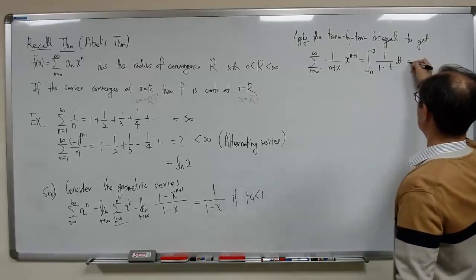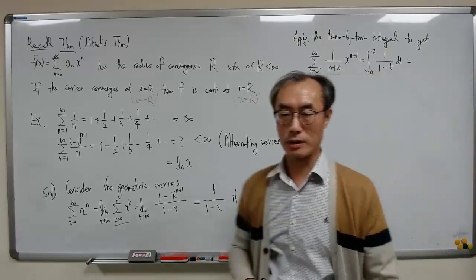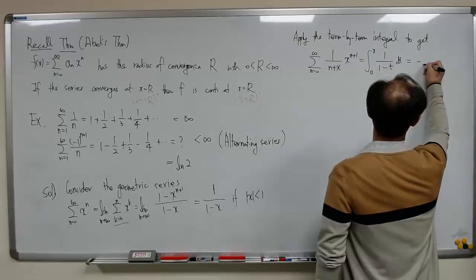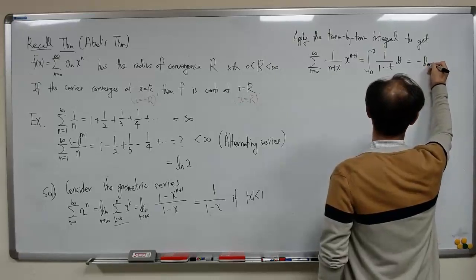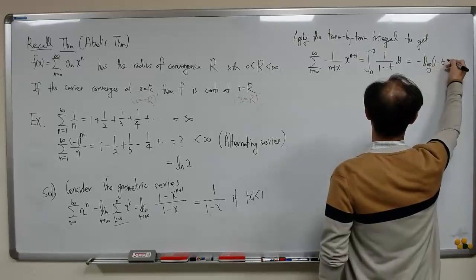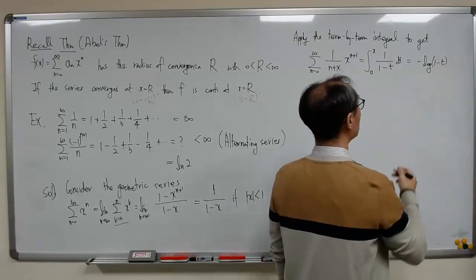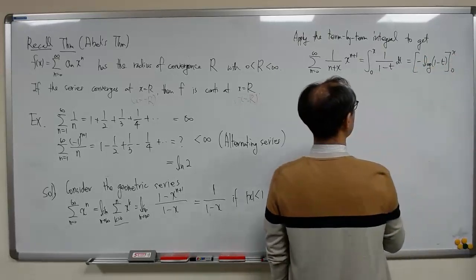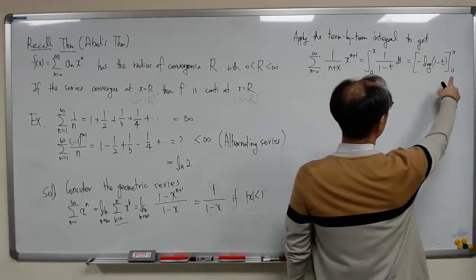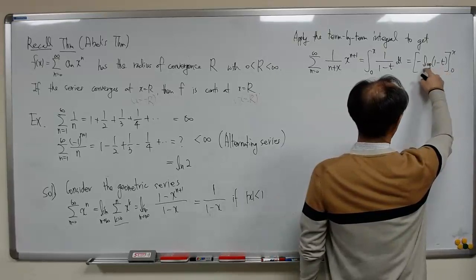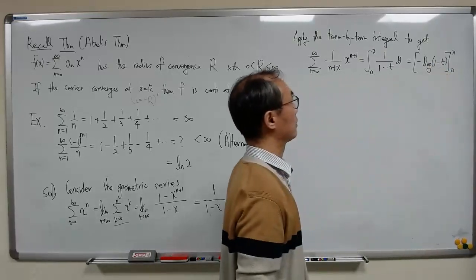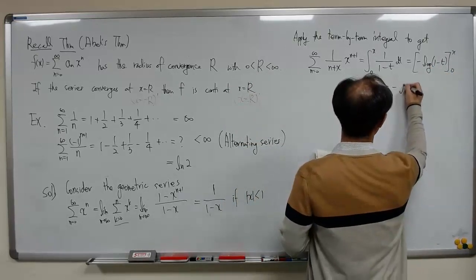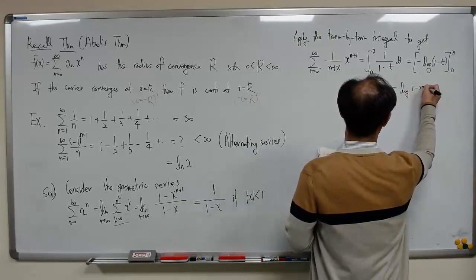And we know how to compute the integral of a function like this. It's going to be minus log of 1 minus t, and we evaluate this from 0 to x. When you put 0 for t, you're going to have log 1, which is 0. So this expression can be written as minus log of 1 minus x.